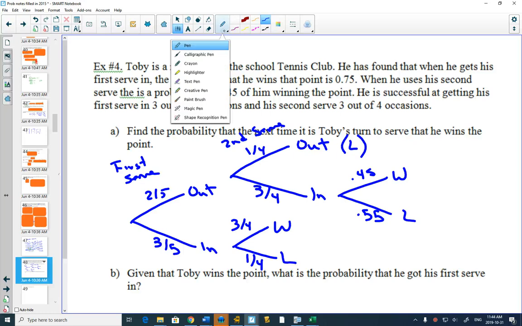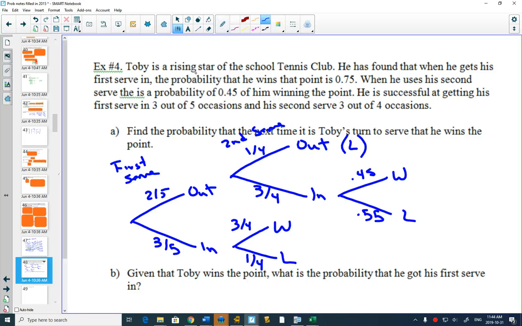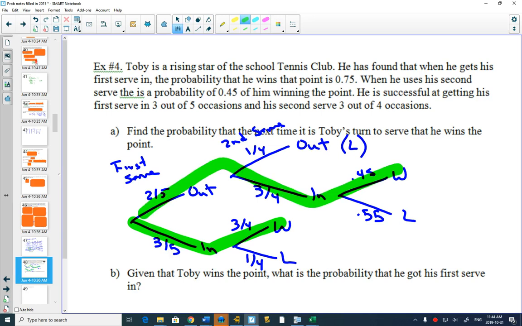Let's take out our highlighter here. How can he win? He can win this way, or he can win, ooh, I like that way. So there's two cases.